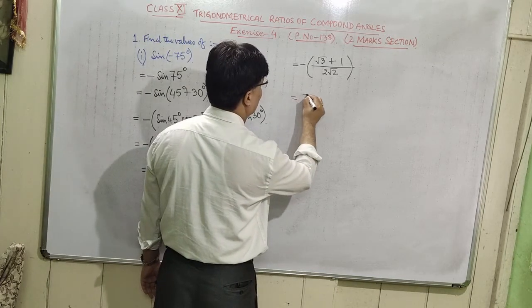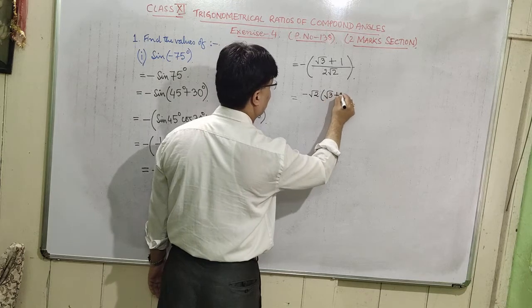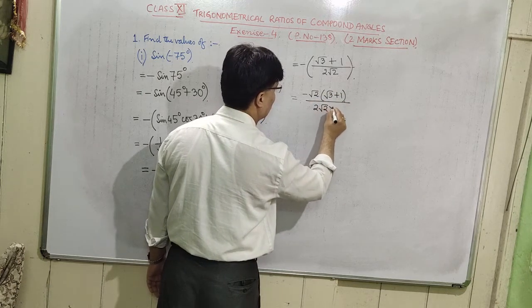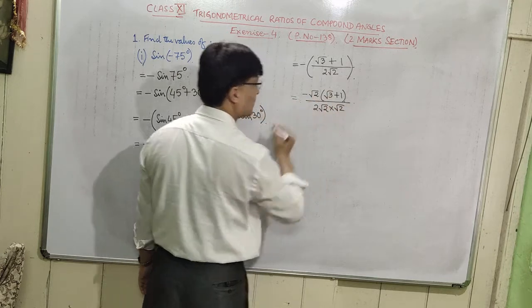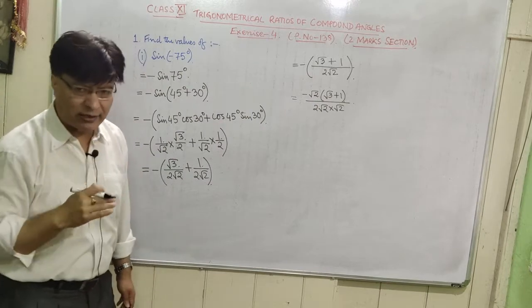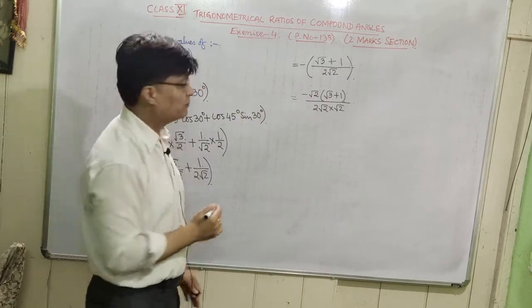So it is equal to minus, the numerator root 3 plus 1 multiplied by root 2, divided by 2 root 2 into root 2. Is that clear? Rationalizing means we are removing the square root from the denominator.